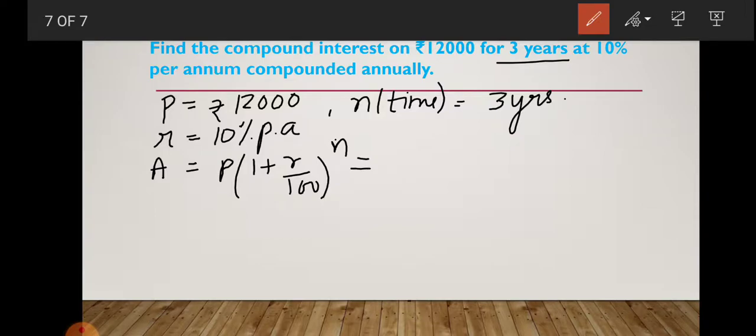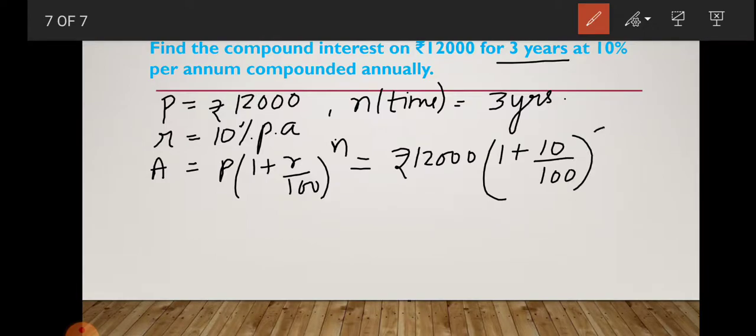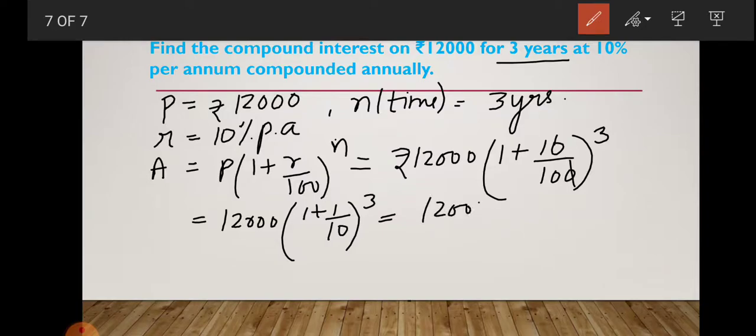So principal is rupees 12,000 into (1 plus rate is 10 divided by 100) raised to power n is 3, is equal to 12,000 into (1 plus 1 by 10) raised to power 3, is equal to 12,000 into (11 by 10) raised to power 3.